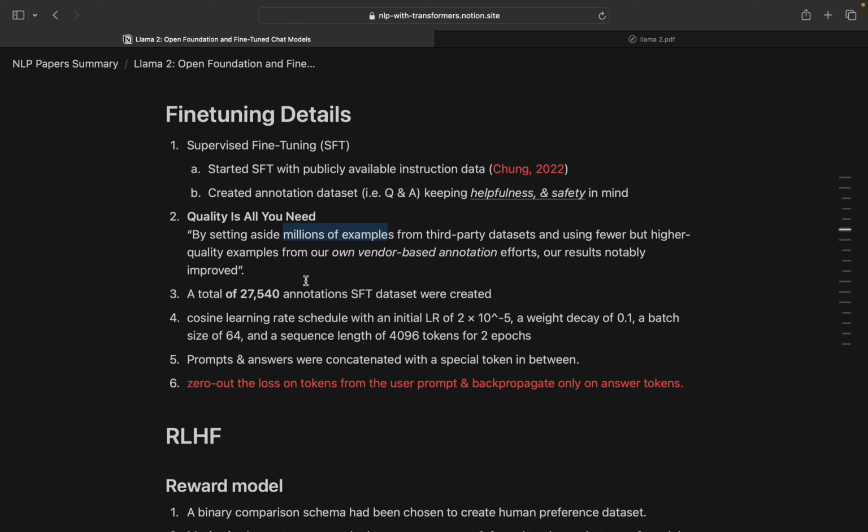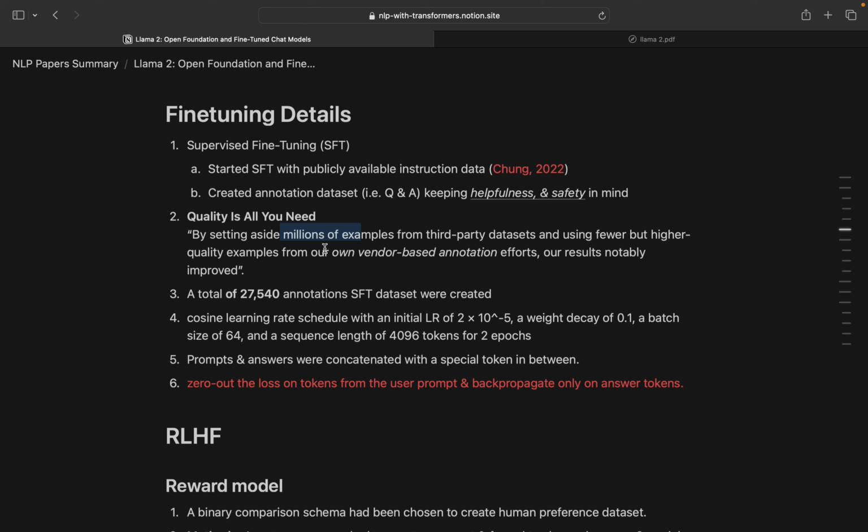So what Meta has done is they have come up with 27,000 manually created SFT examples. They mentioned that the SFT model trained on this is performing much better than with the millions of examples. In short, these are all very high quality, and all of the millions need not be high quality.